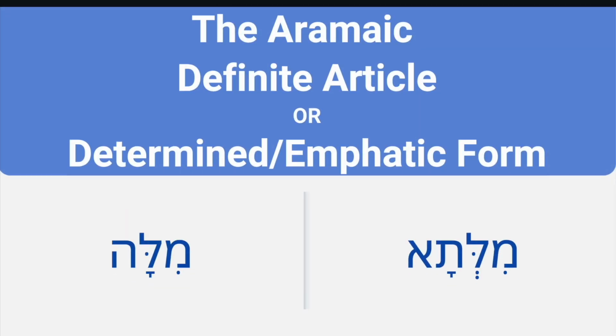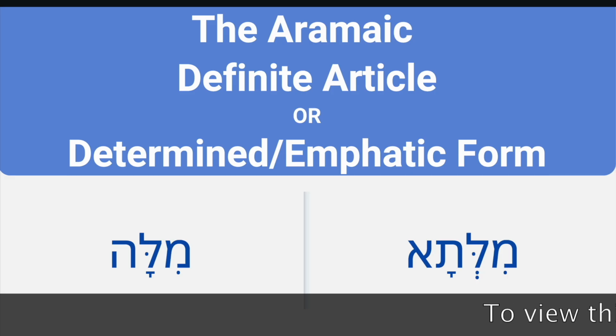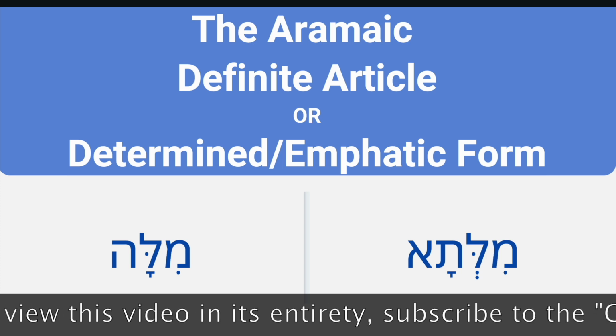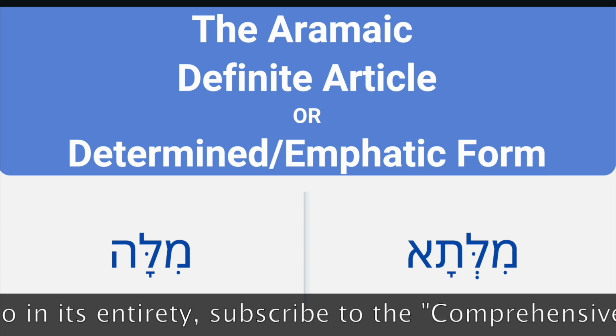Well, a word like milah, which has the kamatz he suffix in the feminine singular absolute form, becomes milta in the feminine singular determined form. So we see that final he in the feminine singular absolute suffix morphing to a tav.